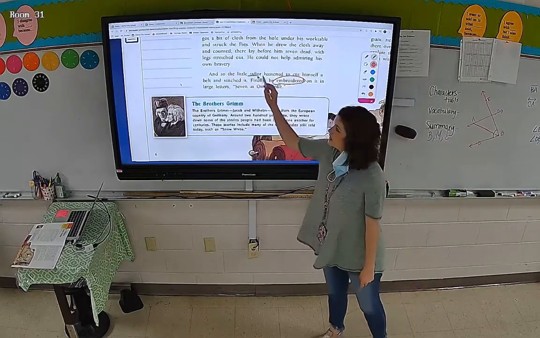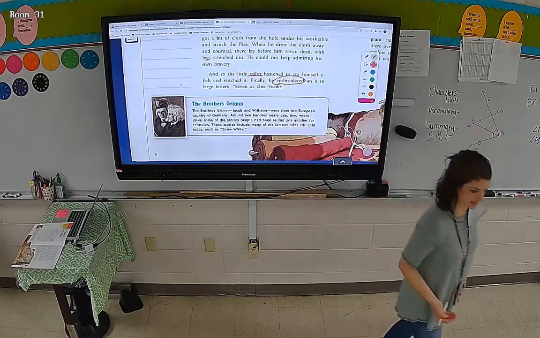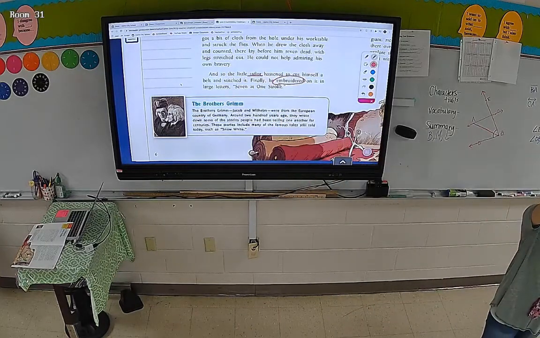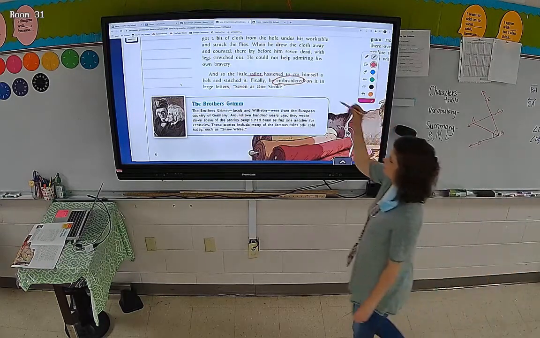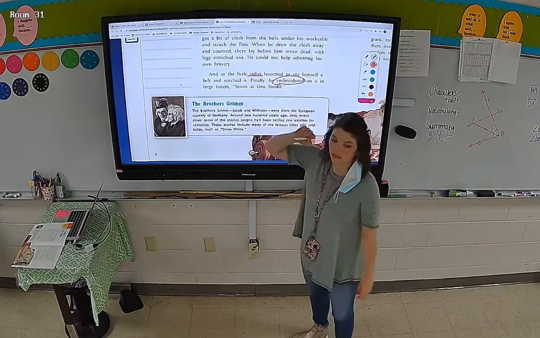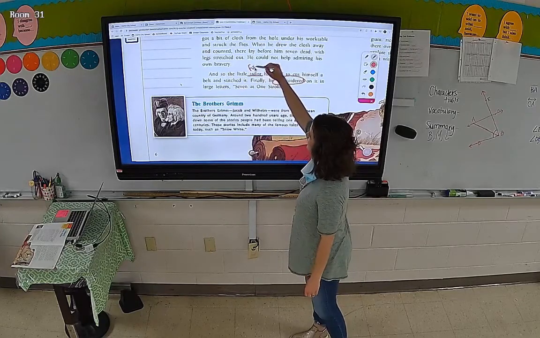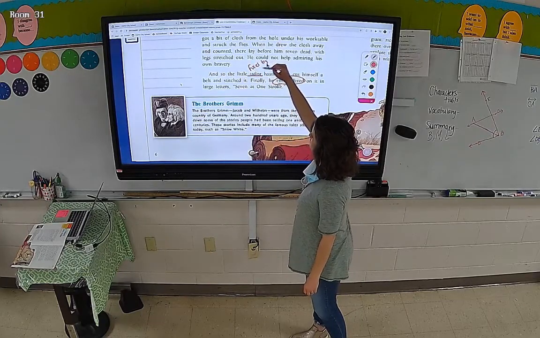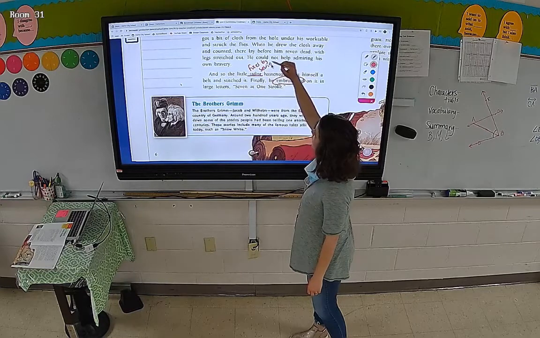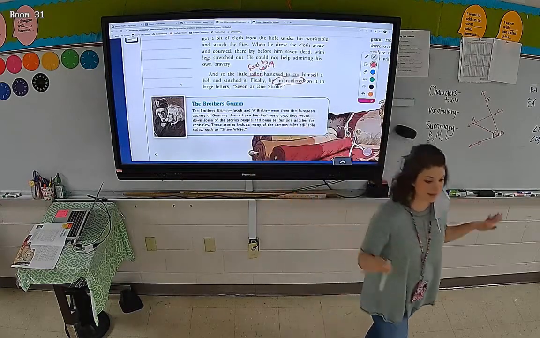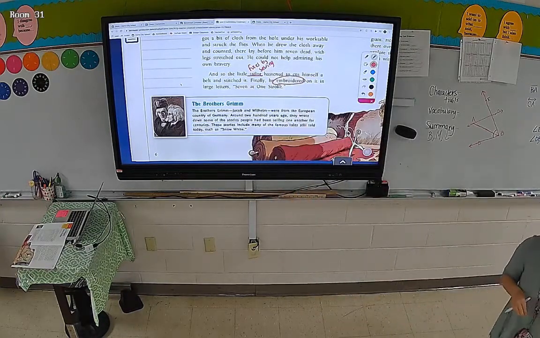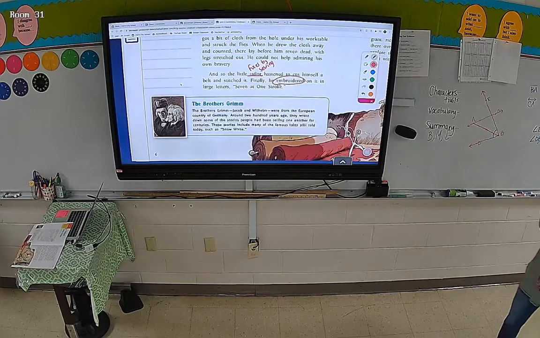We know the tailor does what? What did we say a tailor is yesterday? A tailor fixes stuff by sewing. Okay, fixes things by sewing. So we already know from the very beginning that he's someone that likes to sew, right? That's a clue. Let's keep going.